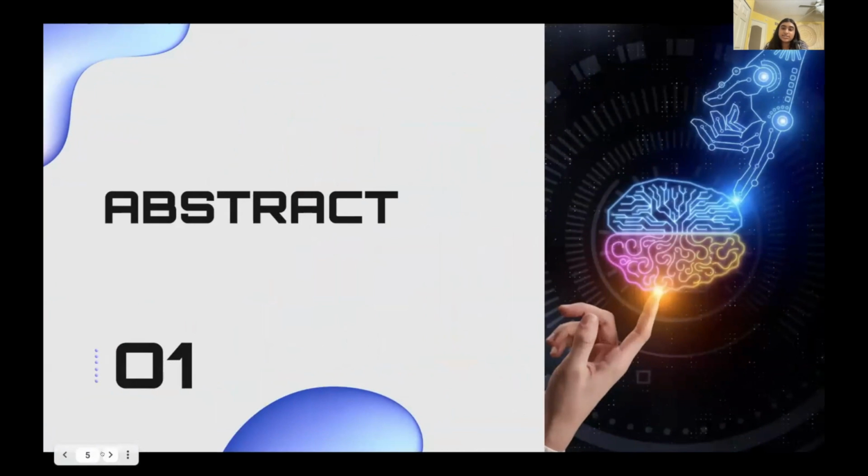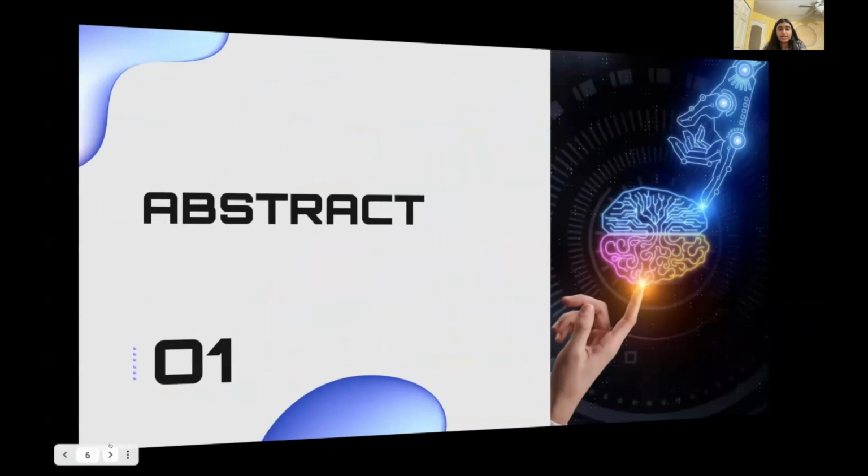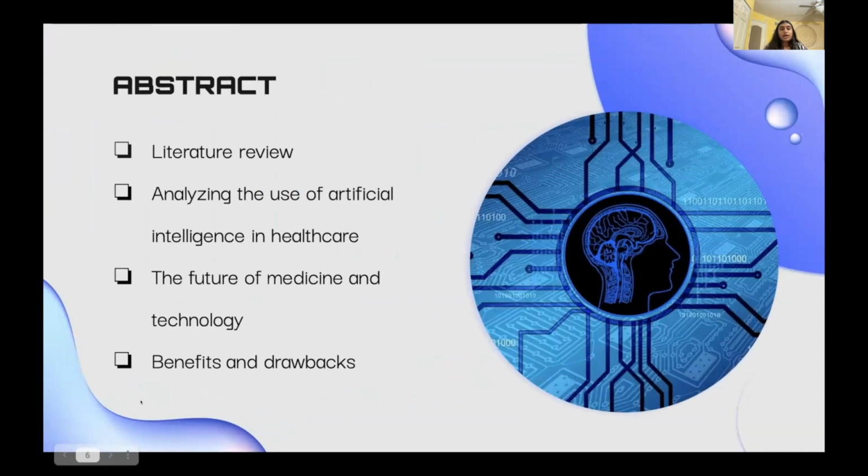So first on today's agenda is the abstract. My mentor suggested that I write a literature review because artificial intelligence and machine learning are both very complex topics that have little research in previous clinical settings themselves. So this research is an analysis of the benefits and the drawbacks of using aspects of artificial intelligence to improve healthcare.